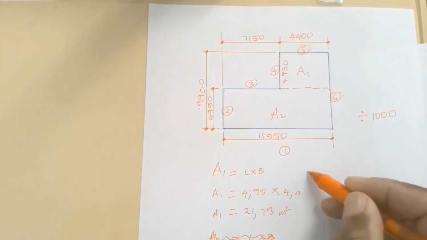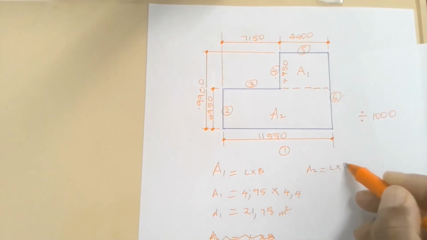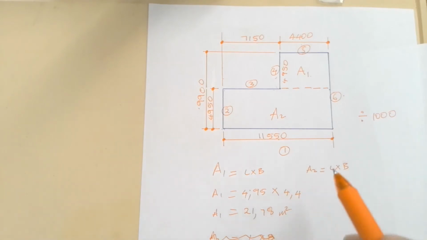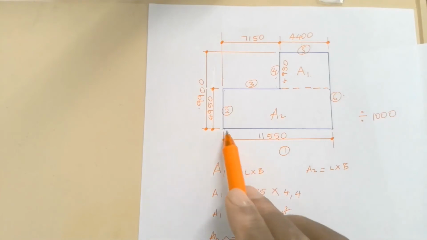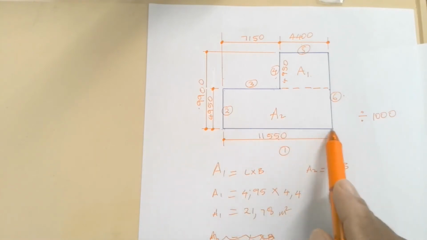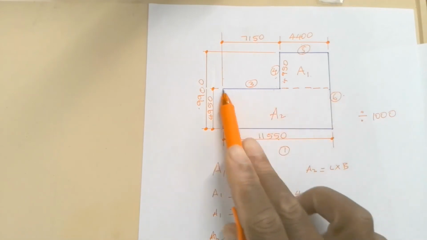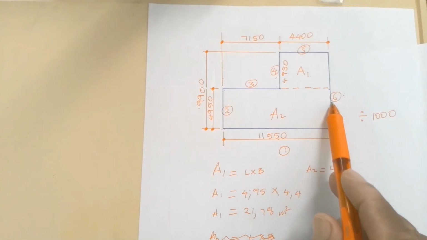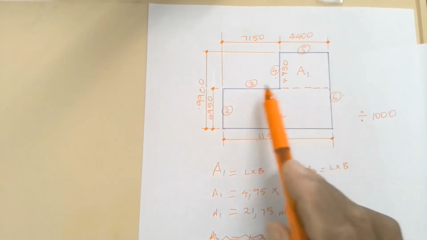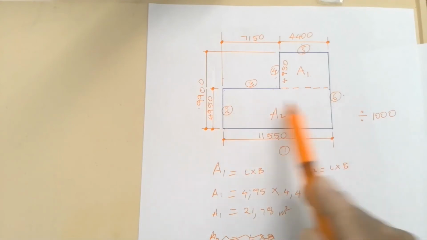So A2 is equal to length times breadth. What dimensions do we have on area 2? We have that distance. Remember, area 2 is this area here, which has side 1, side 2, and then side 3. Okay, two of these sides are equal.